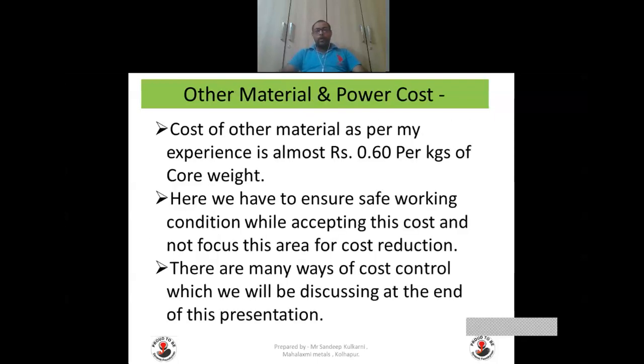Cost of other material, as per my experience, is almost rupees 0.6 per kg of core weight. Here we have to ensure safe working conditions while accepting this cost and not focus on this area for cost reduction. There are many ways to control cost and cost reduction which we are going to discuss at the end of the presentation.